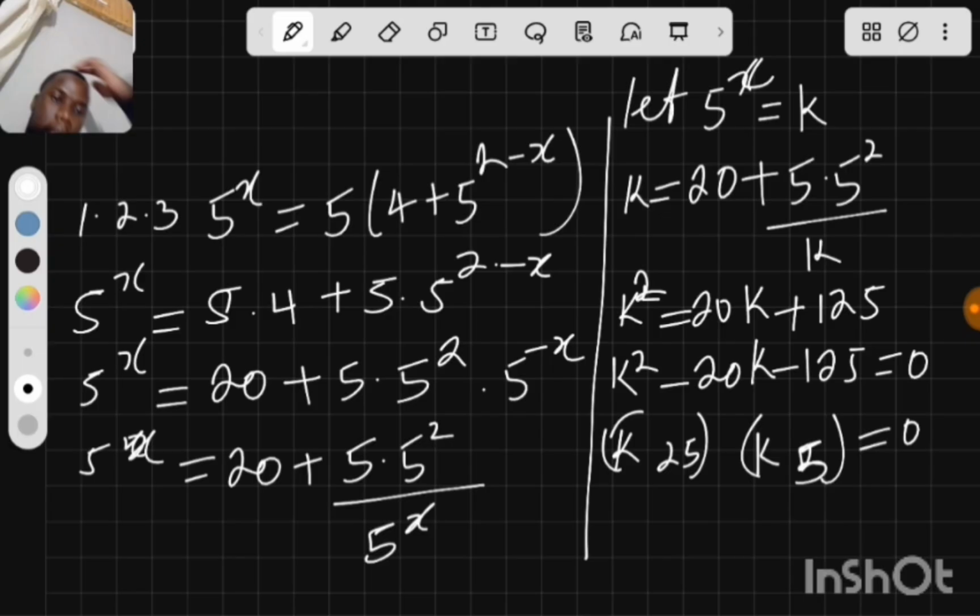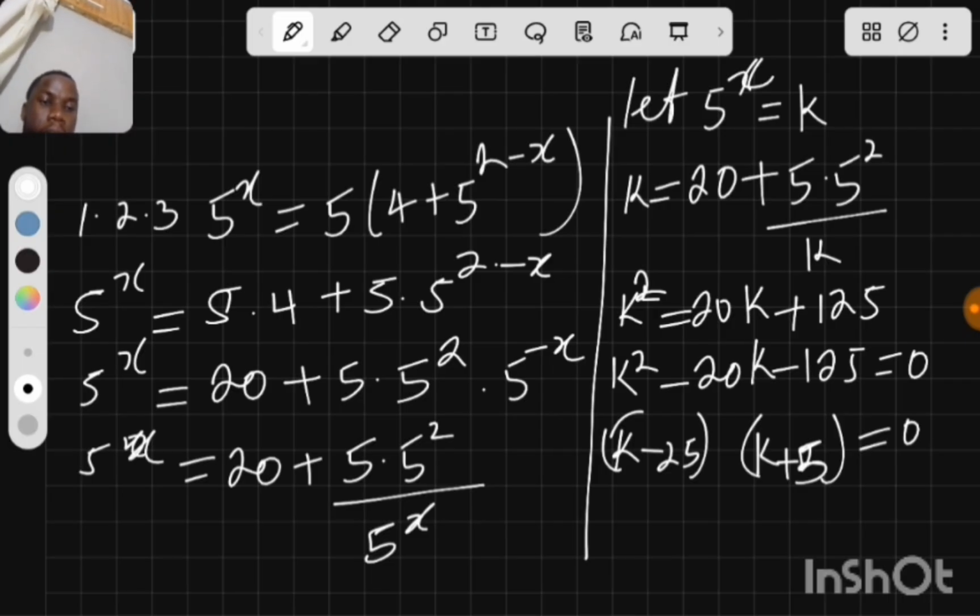If I have 25 here and 5, k times k gives you k squared. 25 times 5 is 125, and 5 minus 25 gives you minus 20. I'm going to put positive here and negative there. I hope you understand.